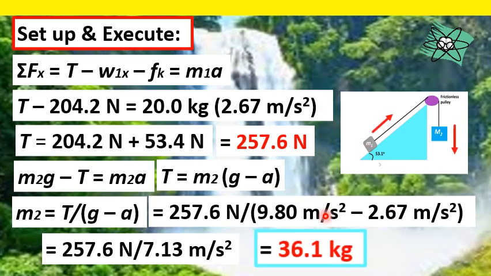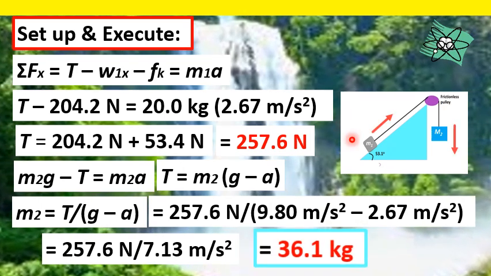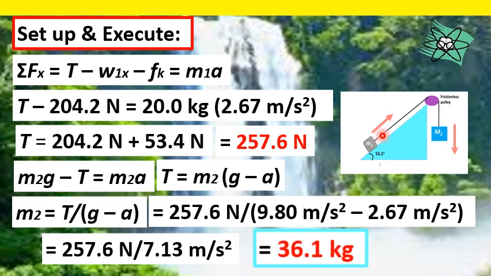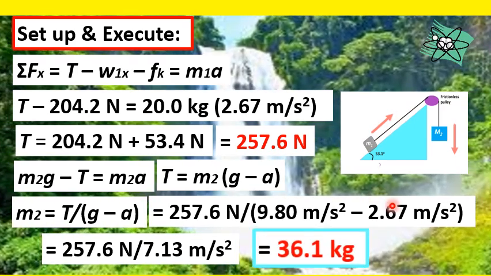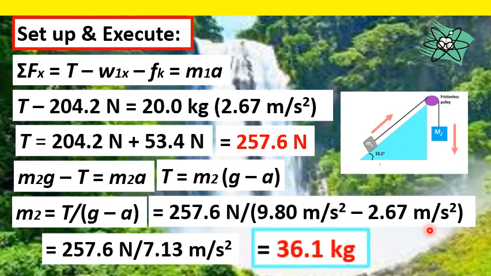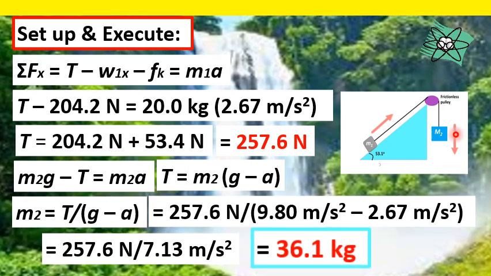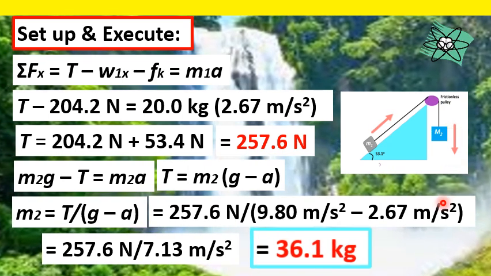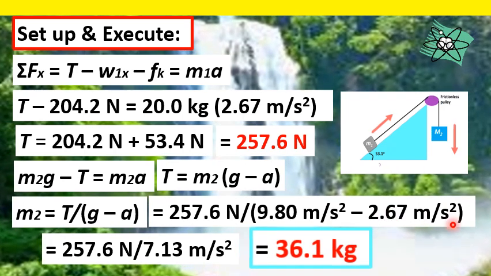So we say that mass M1 will be accelerating up the inclined plane with an acceleration of 2.67 meters per second squared, while at the same time, M2 will be accelerating vertically downward with the same value of acceleration, 2.67 meters per second squared.